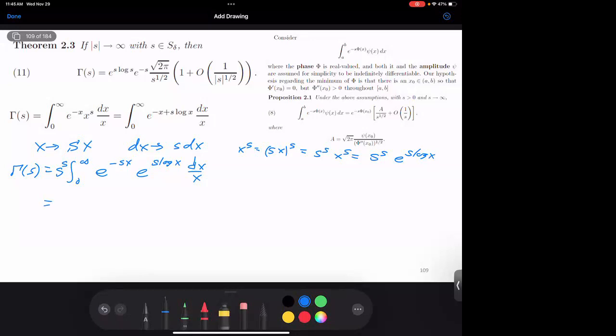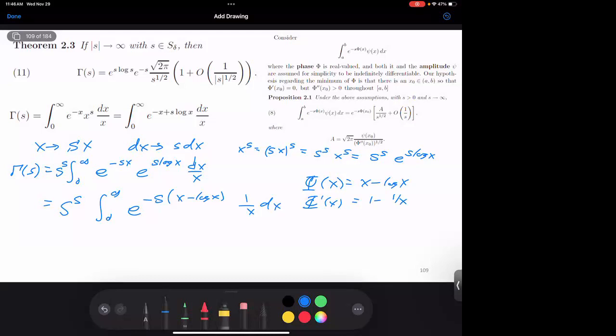And so now we have s to the s times the integral from 0 to infinity of e to the negative s times (x minus the log of x), times 1 over x dx. So what would phi of x be? x minus log x. What's phi prime of x? 1 minus 1 over x.